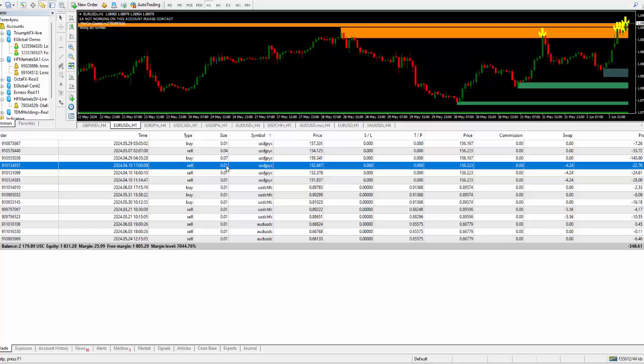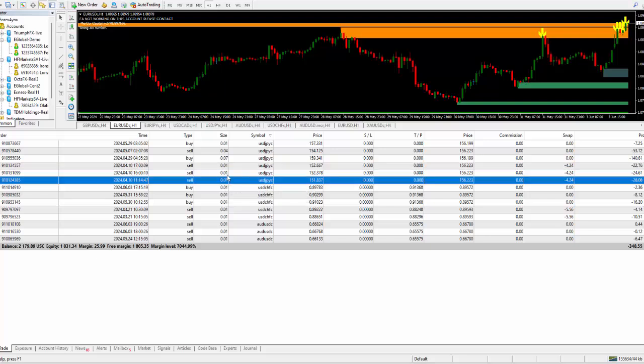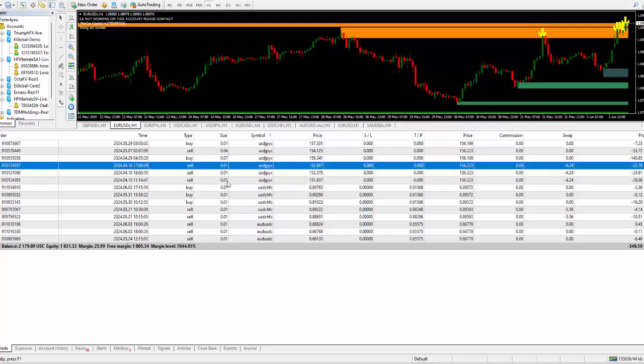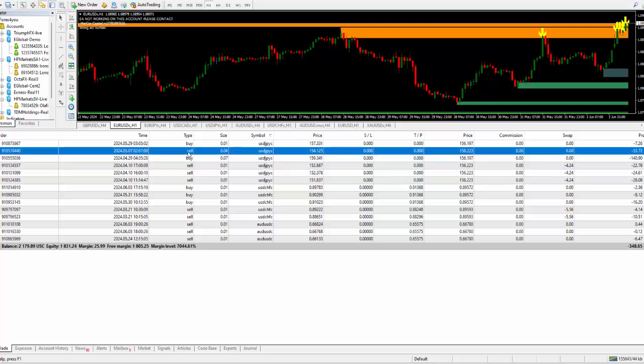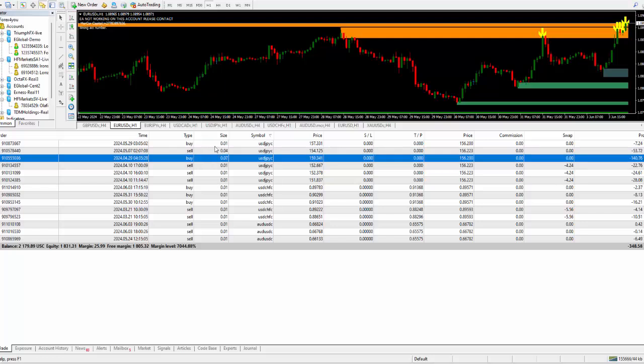That's what my EA uses. So this is 1, 2, 3. This is 0.03 sell, and we have another 0.04 on top. So 0.03 plus 0.04, that is about 0.07 sell, and we have 0.07 buy.